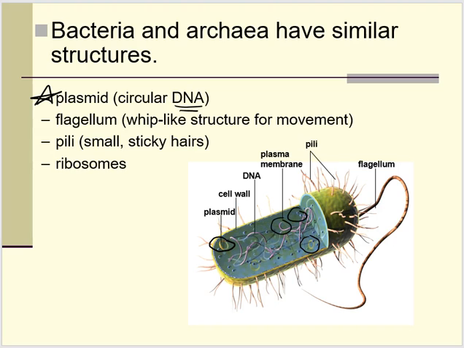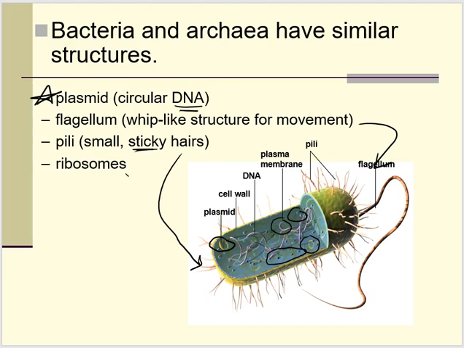Flagellum, we talked about that already. That's that whip-like tail that helps them move. Some of them have that. Pili is similar to cilia, which we talked about, cilia being the little hairs. Pili are the same thing, little hairs that stick off the sides of them. Some bacteria have those, that's the way they move. They can actually use those pili to crawl along on things.